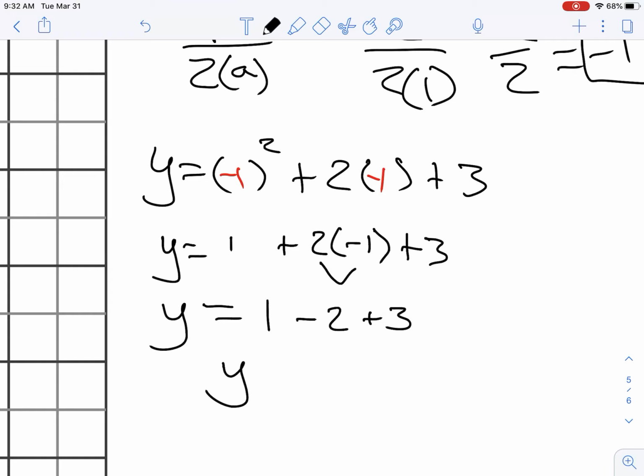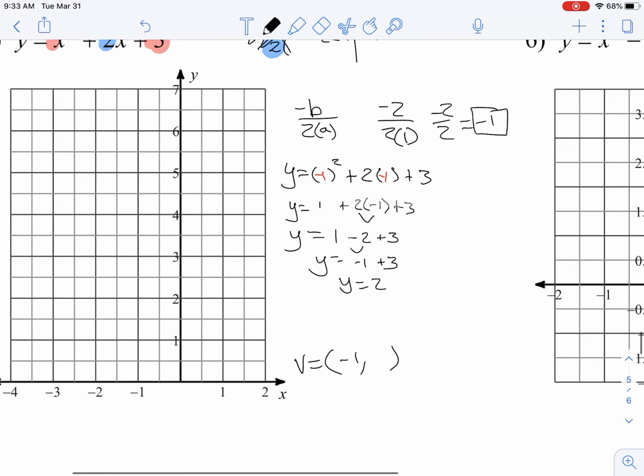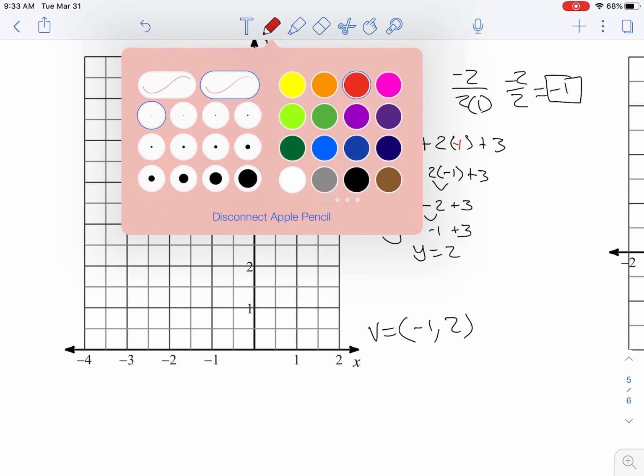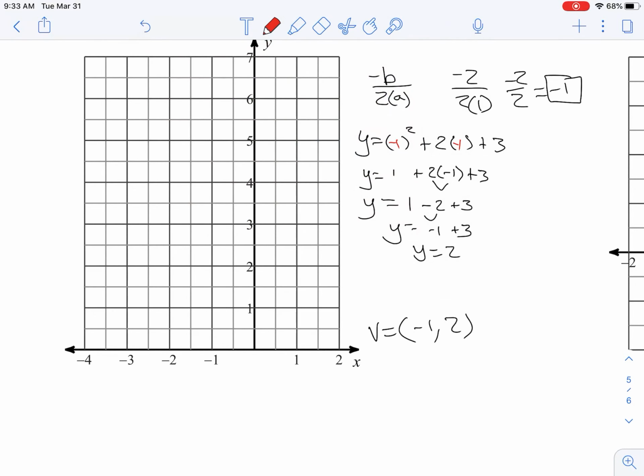And then when I evaluate this, 1 minus 2, I'll just break it all the way down. So when I plugged in a negative 1, I got out a 2. And we can plot that point right now for our vertex if we want. Negative 1, positive 2, which would be right here.